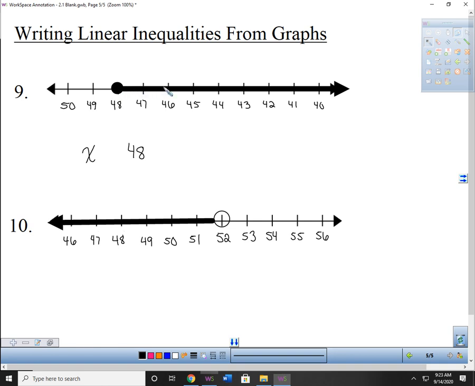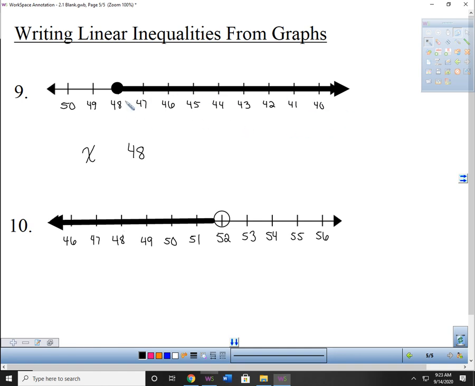So all of these numbers are what to 48? They are all smaller. Okay, I kind of tricked everybody on this one because normally your numbers get bigger to the right, yes? But they are not, so you have to be careful.